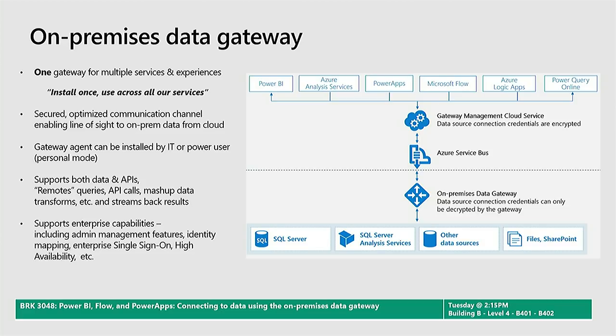It provides a secure and highly optimized way to get data from your on-premise data sources. And we have tons and tons of features on the gateway that allow the IT admin and the service admin to control and manage the on-premise data sources.